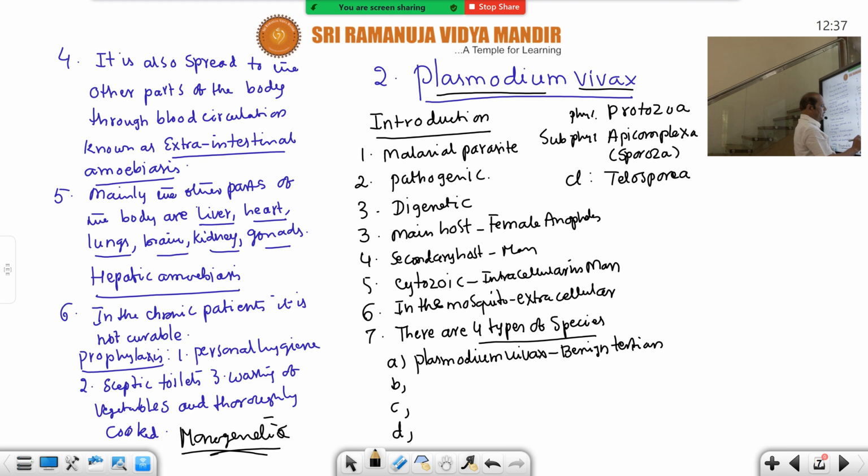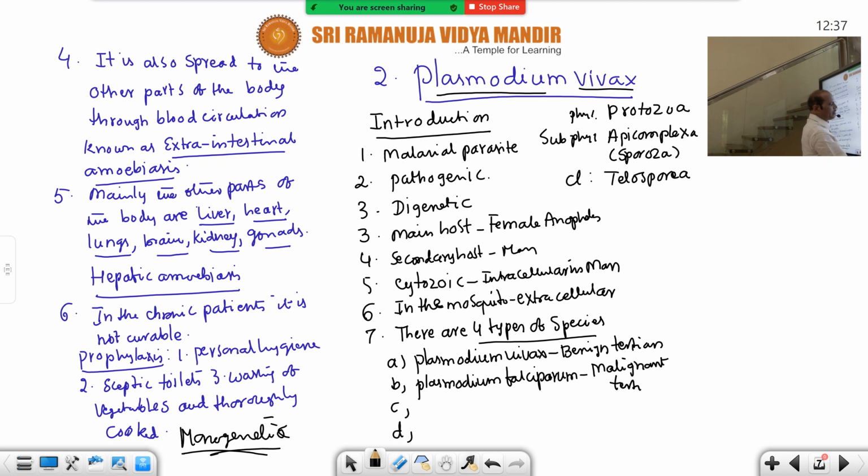Plasmodium falciparum, the second species, is the more dangerous, harmful malarial parasite. It causes malignant tertian malaria. Malignant in the name itself, it is bad.